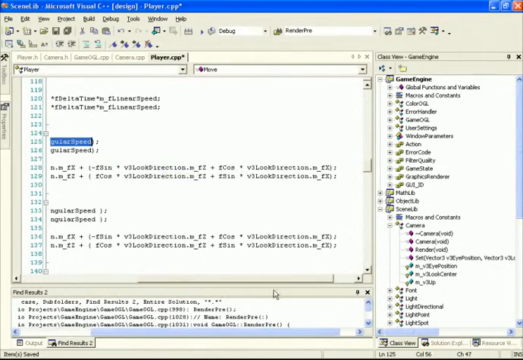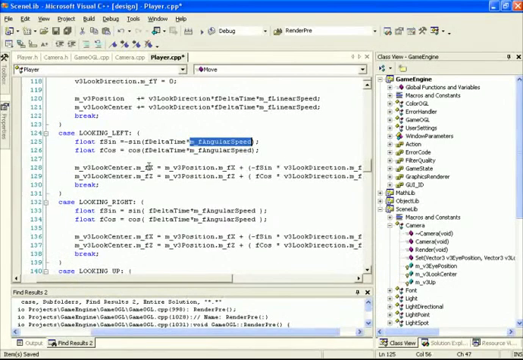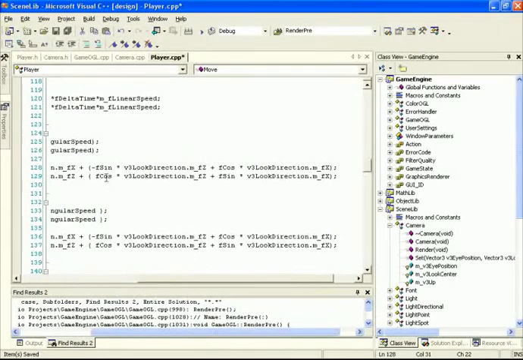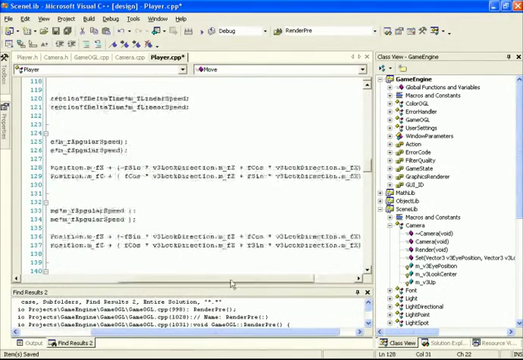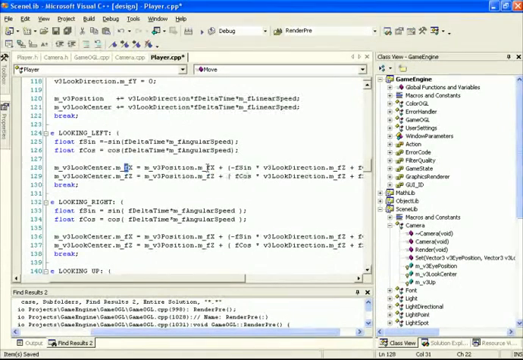And then this will give us our x component. Our z component will come from a similar kind of thing, but here we have f cos and here we have f sine. Don't forget to offset by our position so that we are locating our center at the right spot.